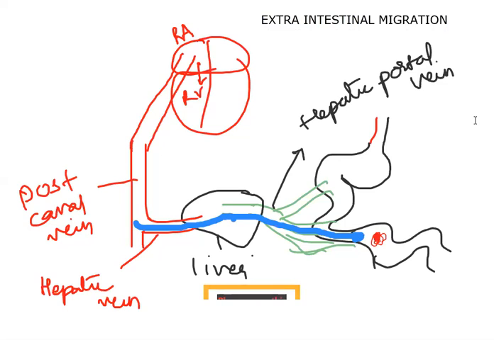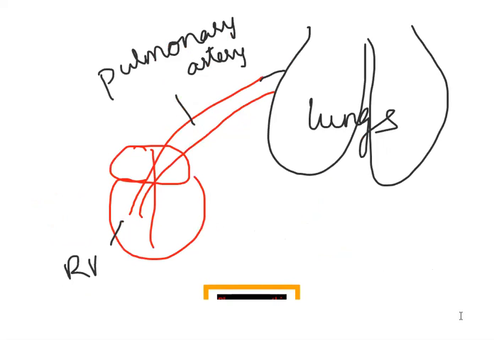With the help of the hepatic vein, it enters into the postcaval vein, or inferior vena cava. From there it enters into the heart, the right atrium. From the right atrium, it moves into the right ventricle, and from the right ventricle it enters into the lungs through the pulmonary artery.